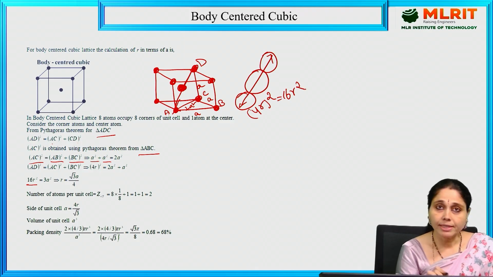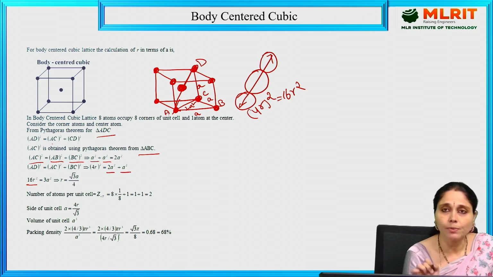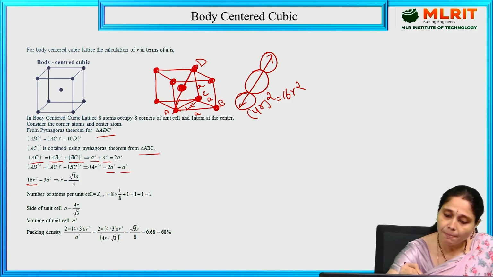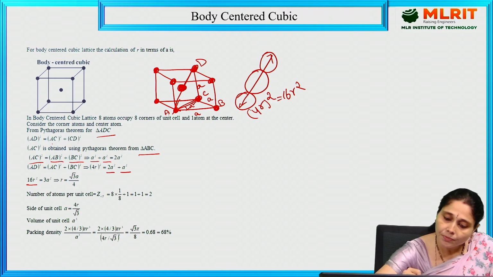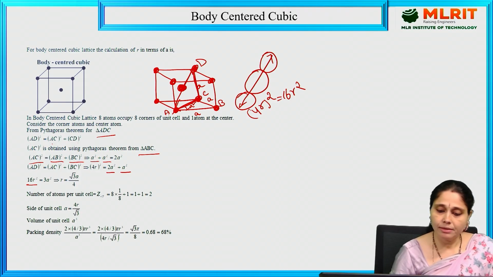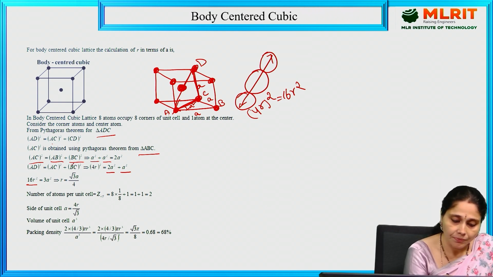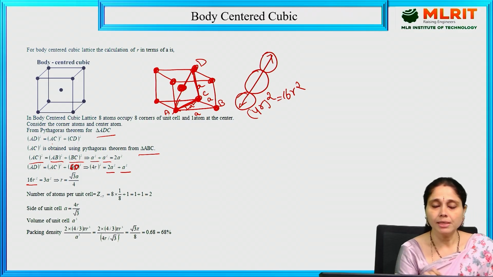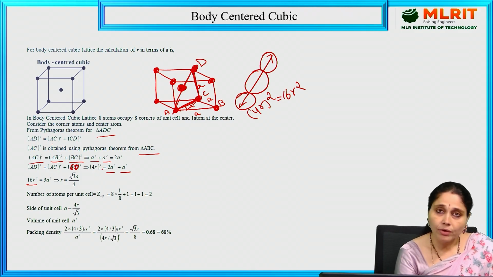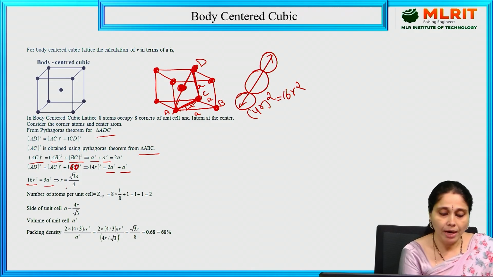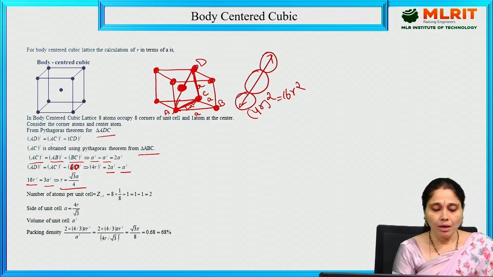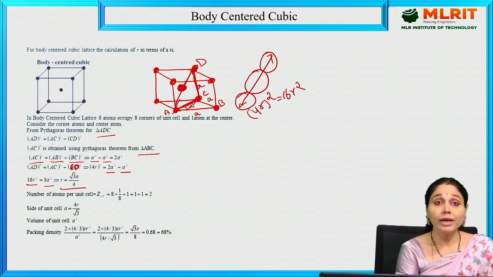Now 16R square is equal to AC square plus CD square, that is 2A square plus A square. That is 16R square is equal to 3A square. R is equal to root 3 by 4 A. Only root comes for 3.